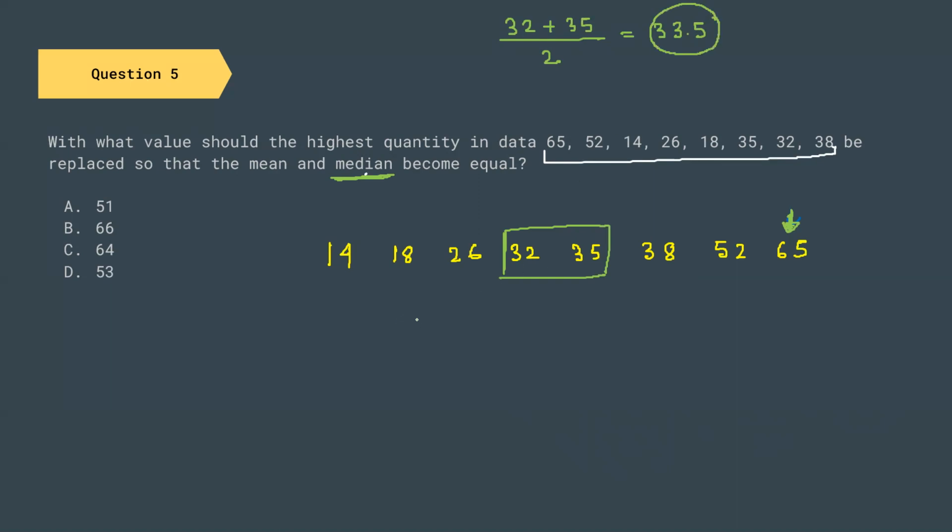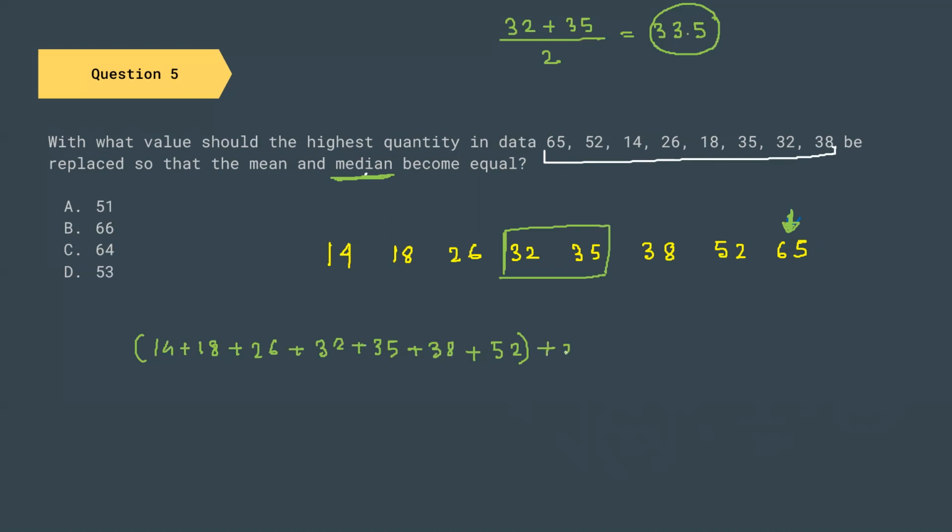Now what do we know? We have to find the mean of the data. And what is the mean of the data? The mean of the data will be 14 plus 18 plus 26 plus 32 plus 35 plus 38 plus 52, and instead of 65 I have to replace it with some other data.